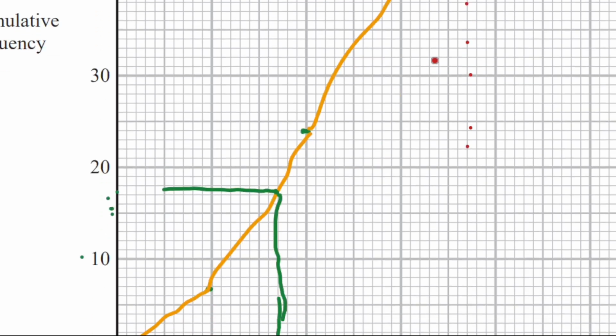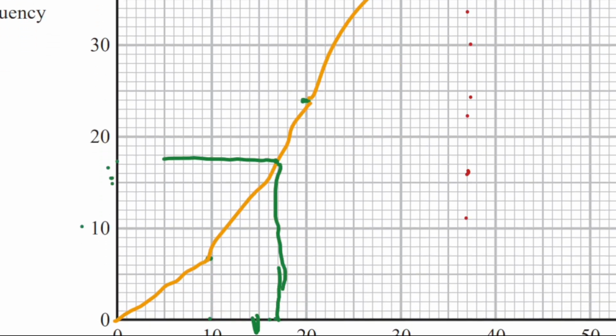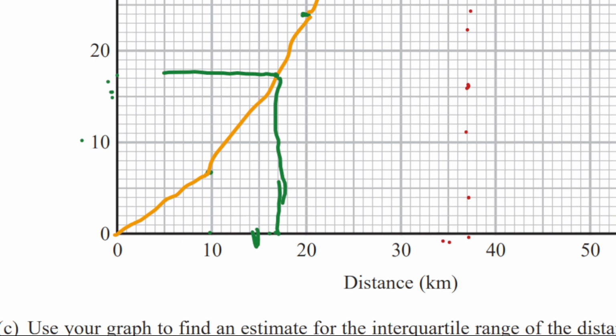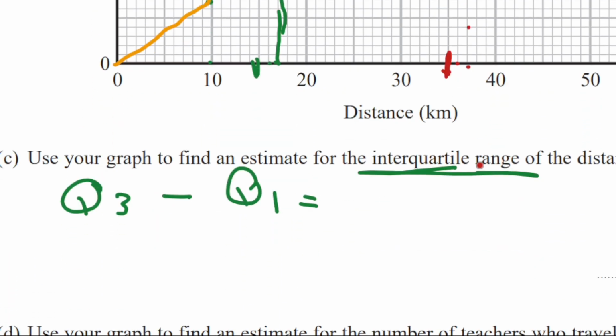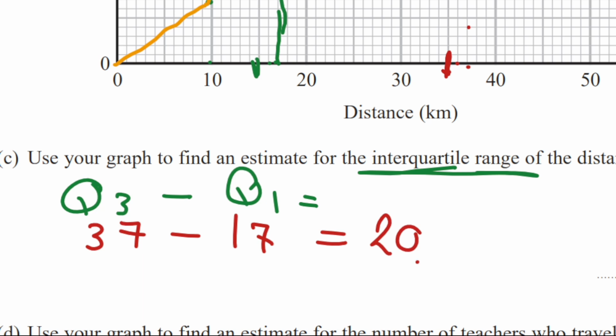Yep, it's this line. Yes, we got it. So this is 35 here, 36, 37. So Q3 is 37. Good job. Now we got Q1, which is I think 17, and Q3 is 37. So Q3 minus Q1 is 20.